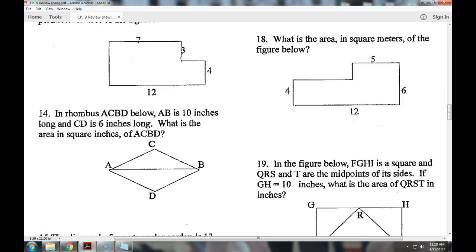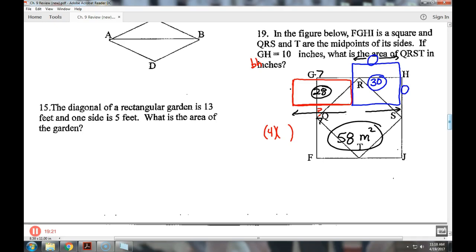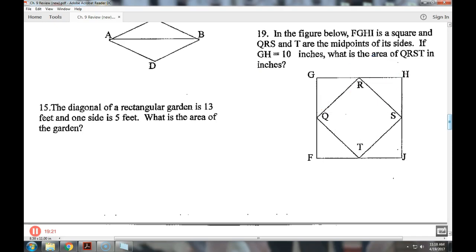All right. Moving on down, number 19. In the figure below, FGH is a square and Q, R, and S are midpoints. So let me just put a few pieces of information right there. If it's a square, I know I have these 90s in here.